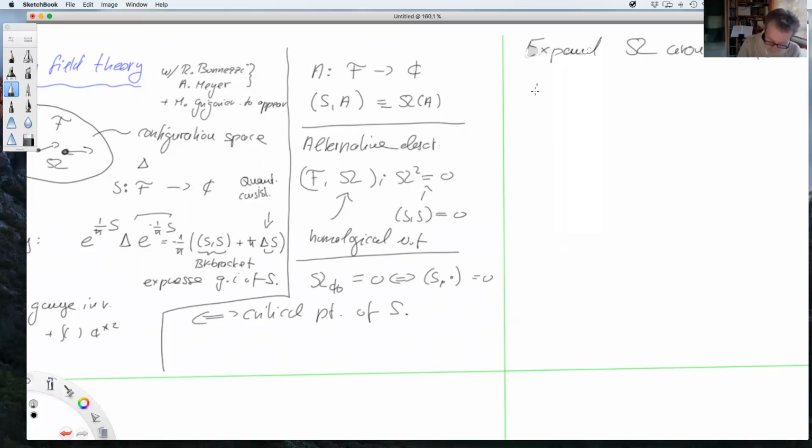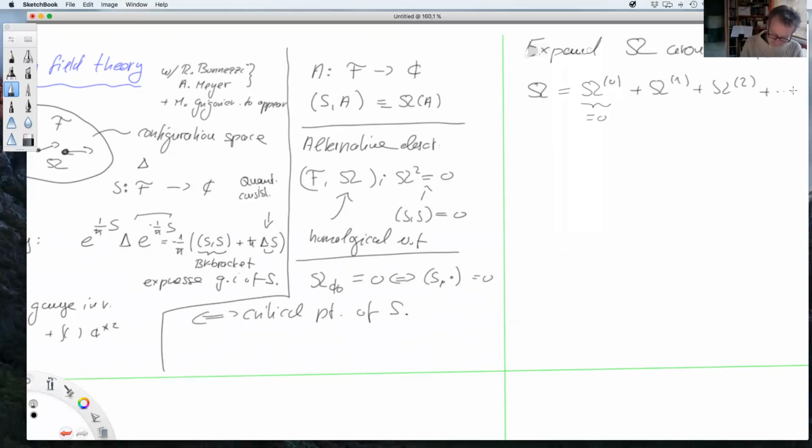Omega is equal to omega 0, which is the vector field at the critical point, so that is going to be 0, plus the first order in the expansion, plus second order in the expansion, and so on.